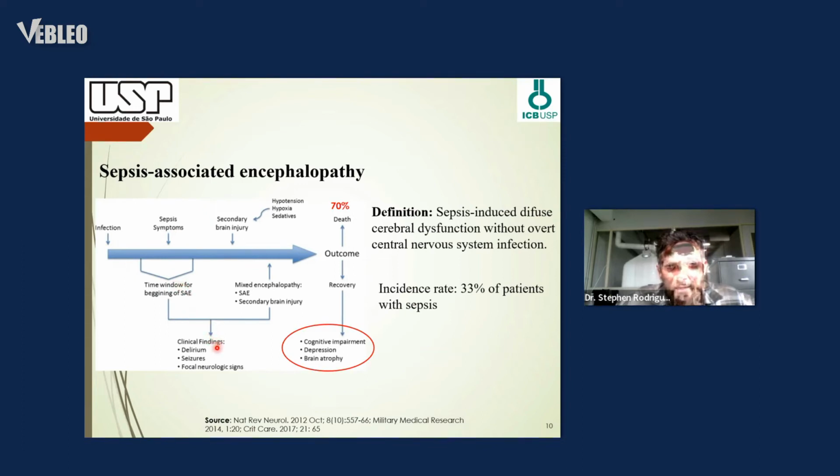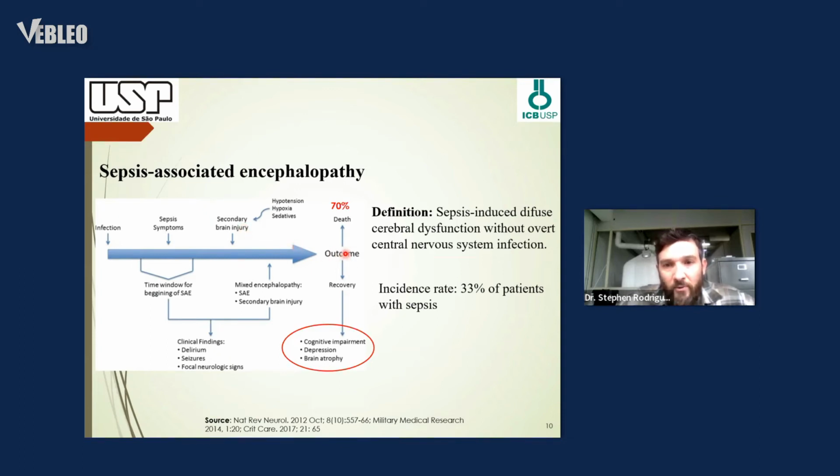The clinical findings observed are mainly delirium, seizures, and focal neurological signs. In the clinic, along with sepsis, hypotension and hypoxia happen, and they used to use sedatives. This impairs brain function even more.